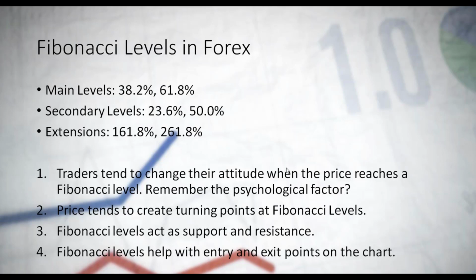For example, when the price reaches a certain level that has a psychological effect on the human mind, it is very likely that many people freak out that the price is very low or very high, and simply make a decision that could affect the financial market. This happens often on the Forex chart, and I will show you in the next slide some indicators that will help you identify this situation.